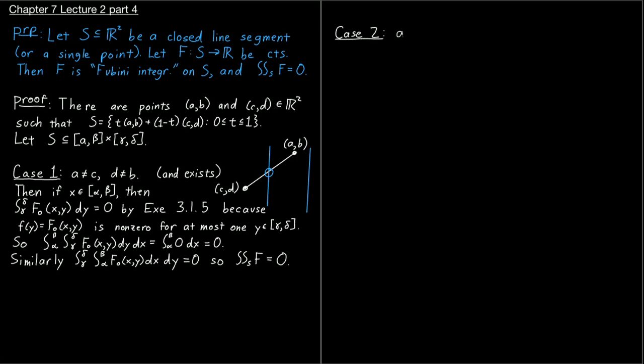This is the case where a is equal to c, and that is where we're integrating over a vertical line from AB up here to CD, which is the same as AD down here.